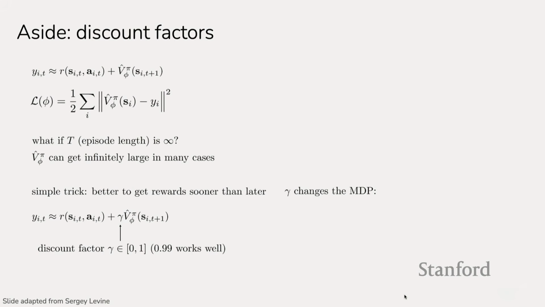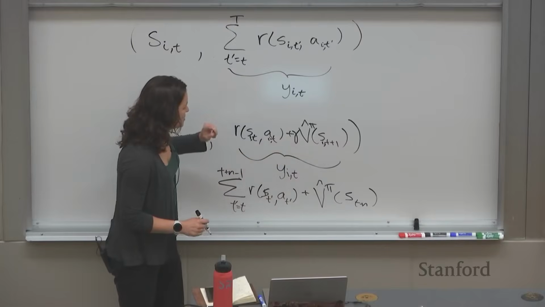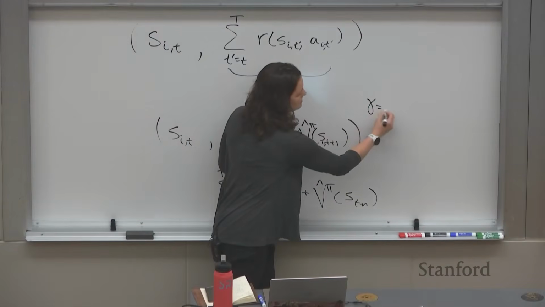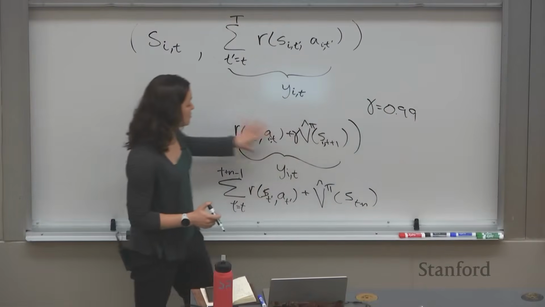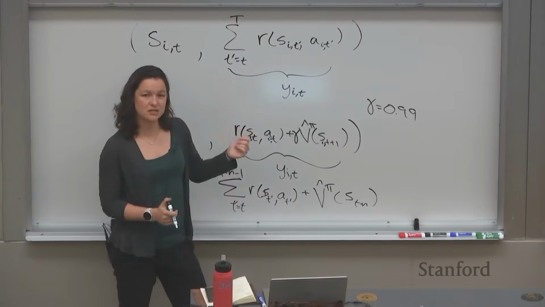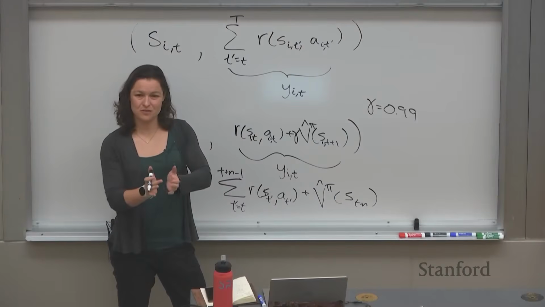Adding this discount factor that's discounting future rewards can actually be viewed as changing the decision process slightly. It's equivalent to saying that there is some probability that the agent will die at any given point in time. So say gamma is 0.99. In this case, using this form is equivalent to saying that there's a 1% chance that the agent will enter some state that has 0 reward and stay there forever.